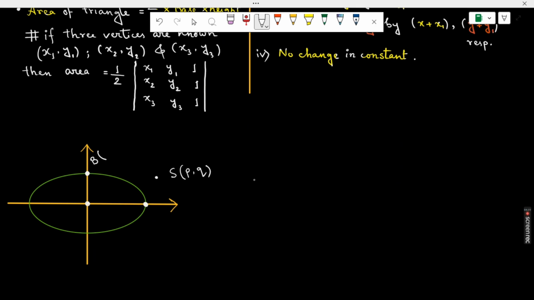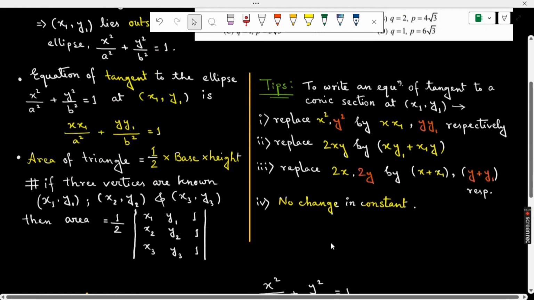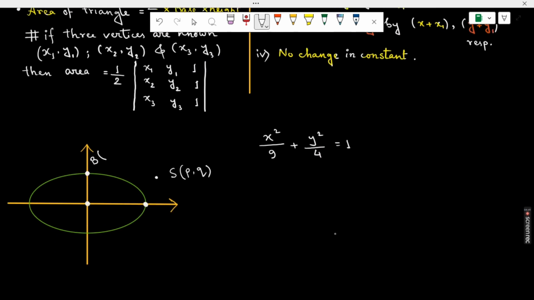Let's say this is B, and the equation of the ellipse is x square by 9 plus y square by 4 equals 1. This is the mentioned ellipse and this implies that the length of the semi-major axis is a equals 3 and the semi-minor axis is 2.